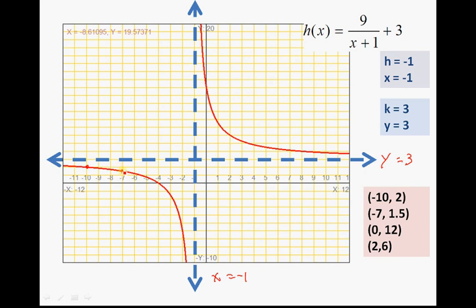Here it is here. When x equals 0, y equals 12, right here. When x equals 2, y equals 6. 2, 6, 0, 12, and so on and so forth.